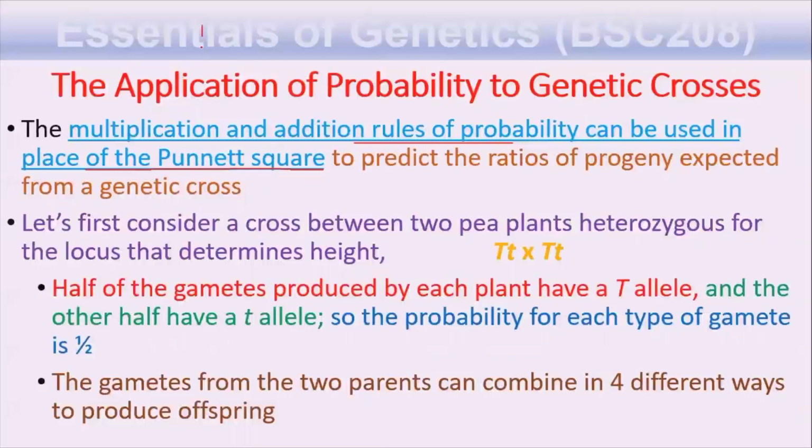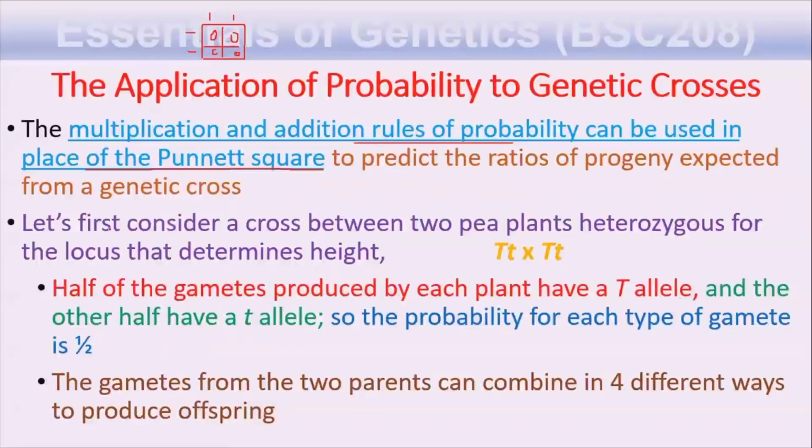You just make 4 boxes and just put alleles on 2 sides, here and here, for 2 parents, and then just by combining these 2 here and this here, and similarly this one and this one in this box. So in this way, this seems very easy method.